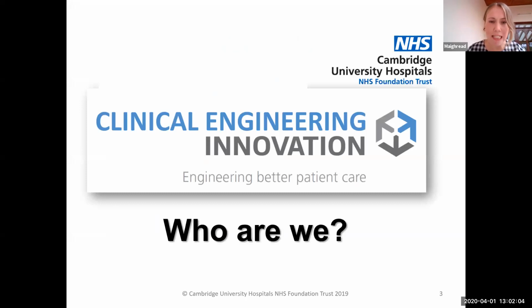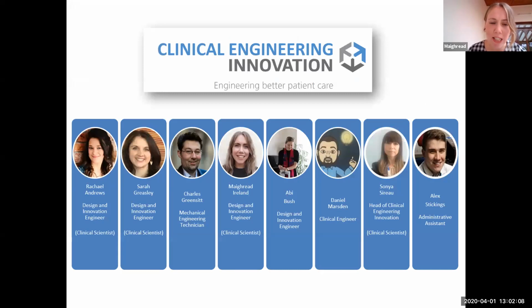So who is Clinical Engineering Innovation? We are a team of 7 engineers and 1 admin assistant. We have a background of different engineering specialities within the team. So we have 4 clinical scientists, 3 of which went through the STP training scheme, and then another one who went through the Route B qualification.